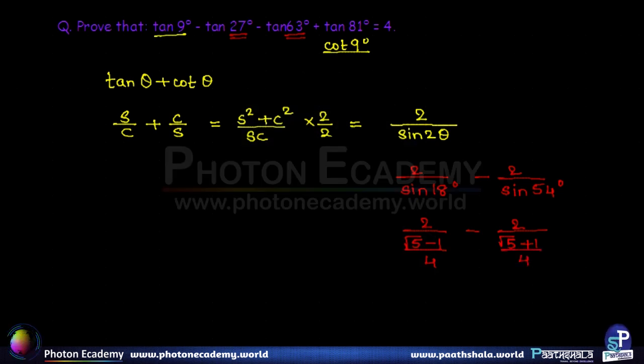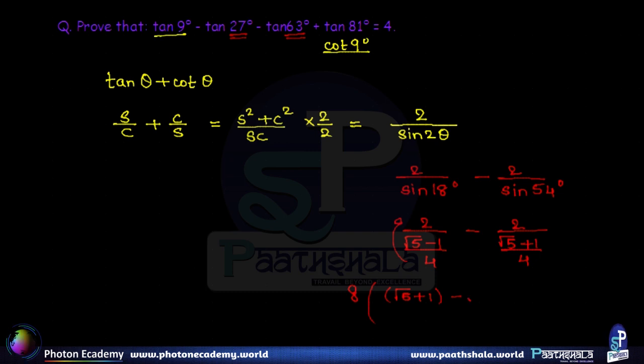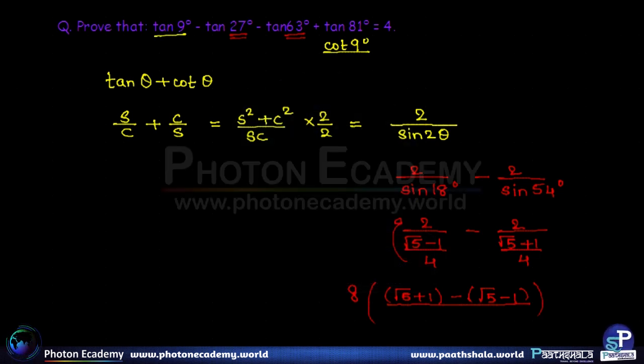So this will just become 8, and we have root 5 plus 1 minus root 5 minus 1, and in the denominator we have root 5 minus 1 into root 5 plus 1, that will become 5 minus 1, so we have 4.